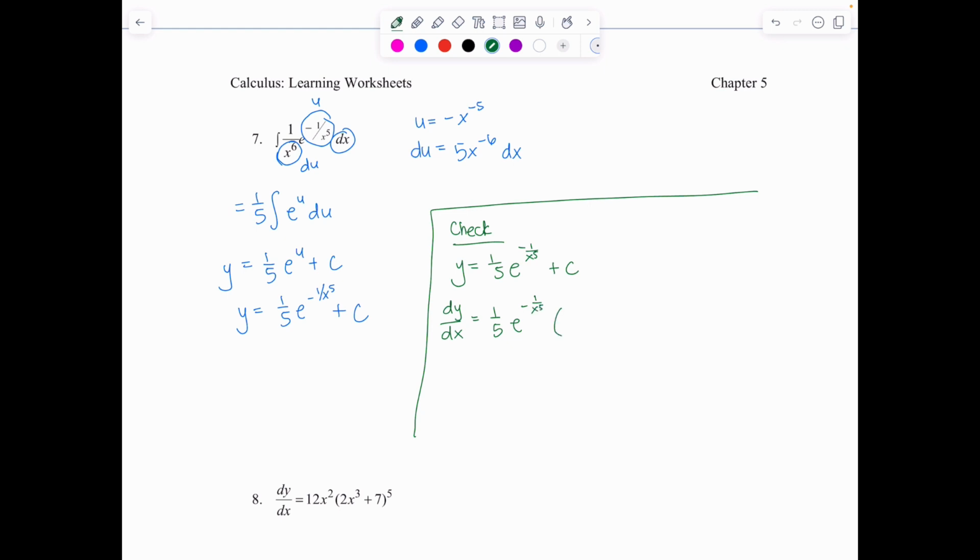Chain rule, we'll have 5x to the negative 6. So dy/dx will be e to the negative 1 over x to the 5th over x to the 6th. There we go.